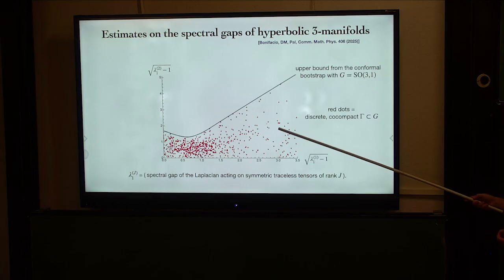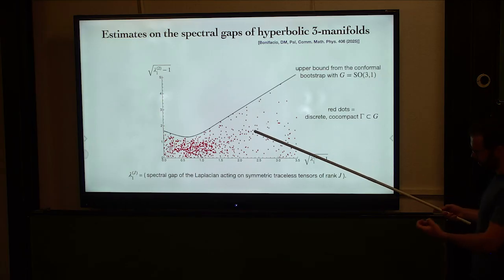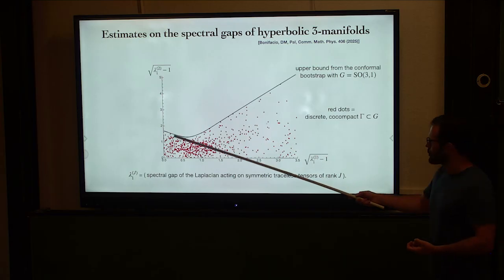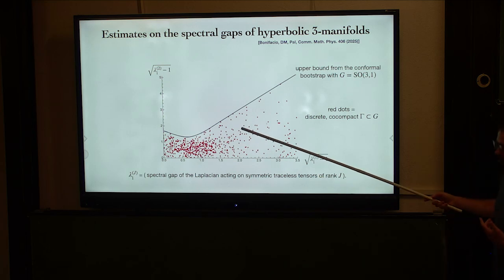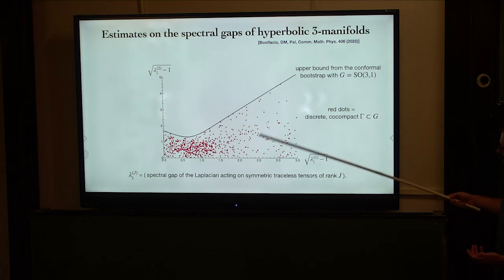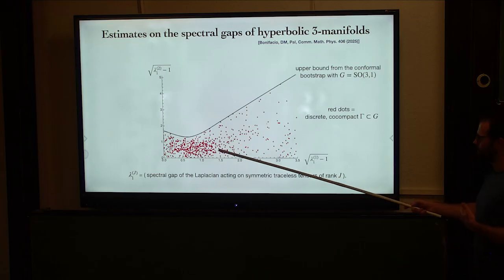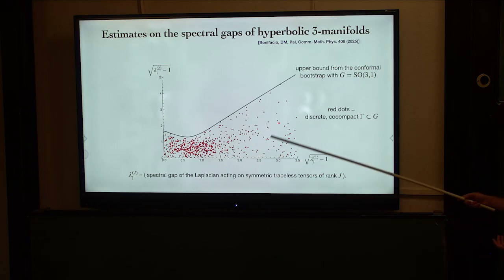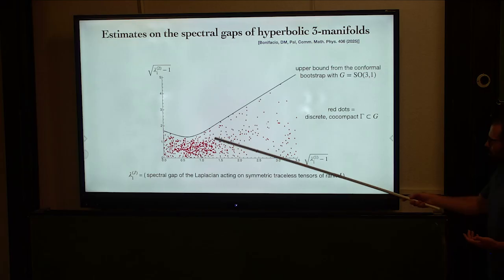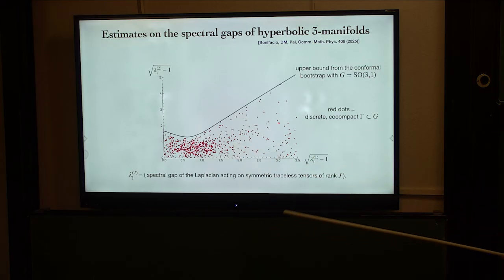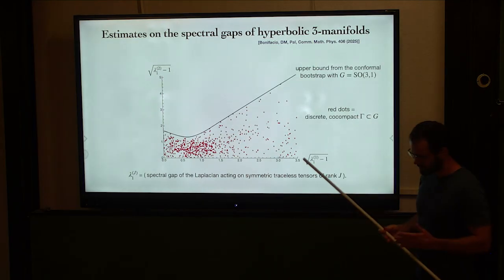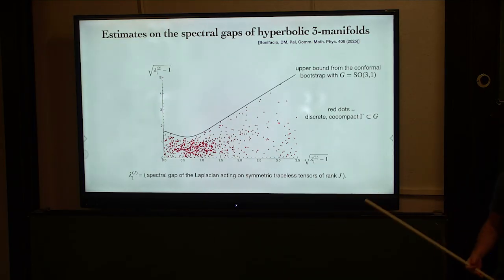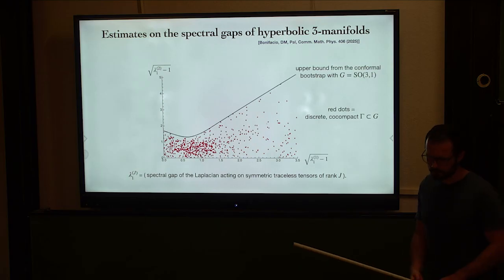Now they are all isolated because Mostow rigidity tells you that these things don't have moduli. And the blue curve is an upper bound following from the bootstrap. You can see nicely that all of the hyperbolic 3-manifolds that we looked at span the entire region under the upper bound. It's a very universal upper bound that we can compute from the representation theory of SL2C.